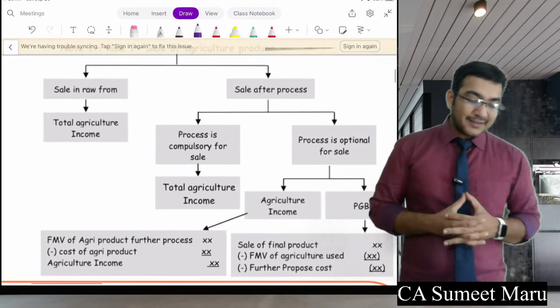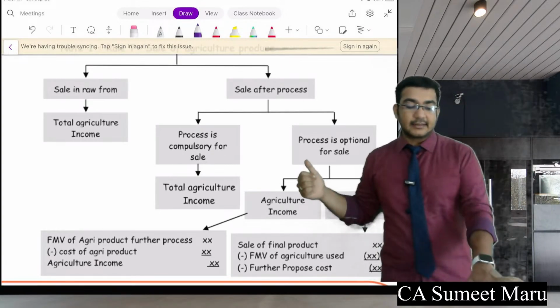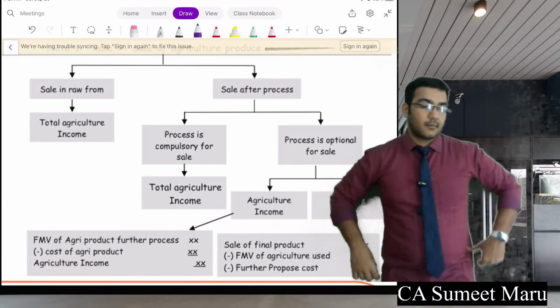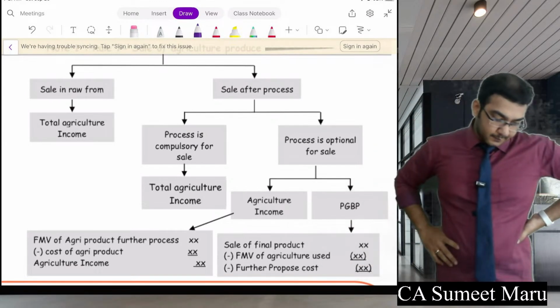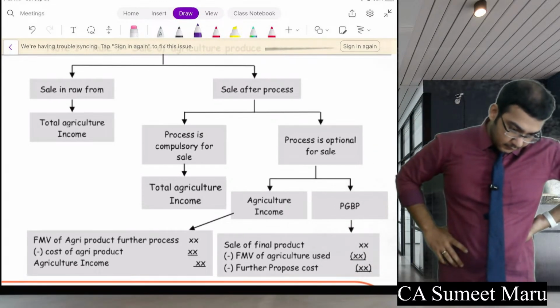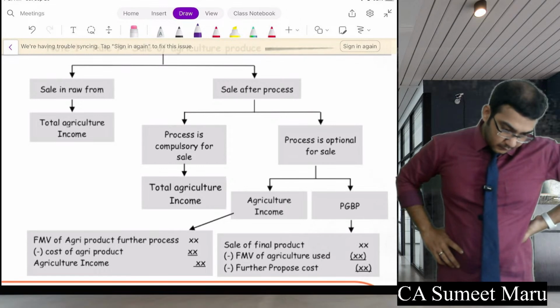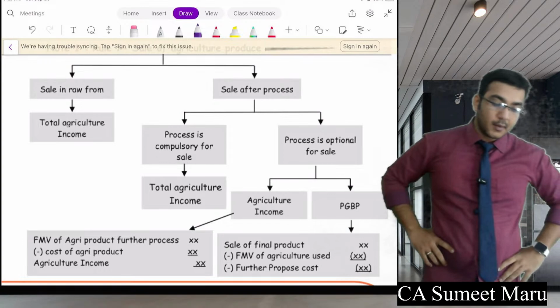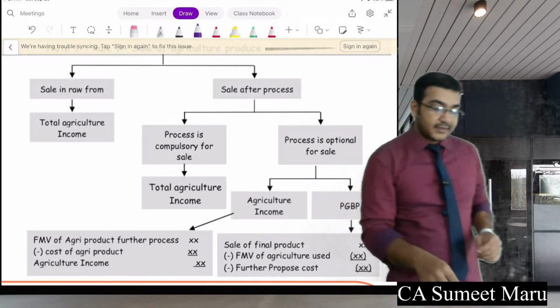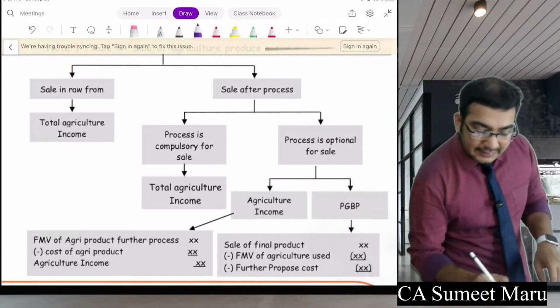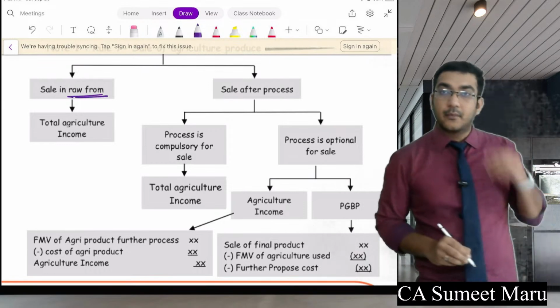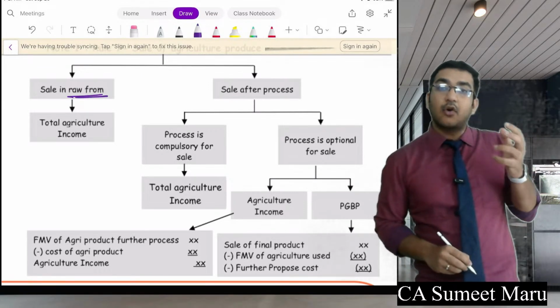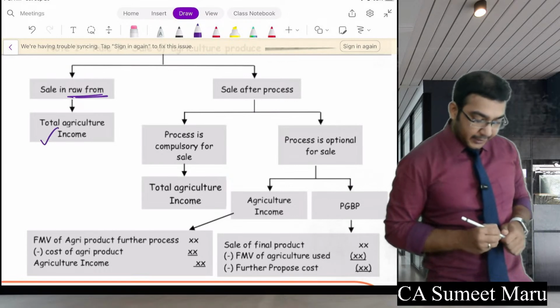So if we talk as a formula, it would be like this. Now see here. When you sell this in a raw form, it's absolutely agriculture income.